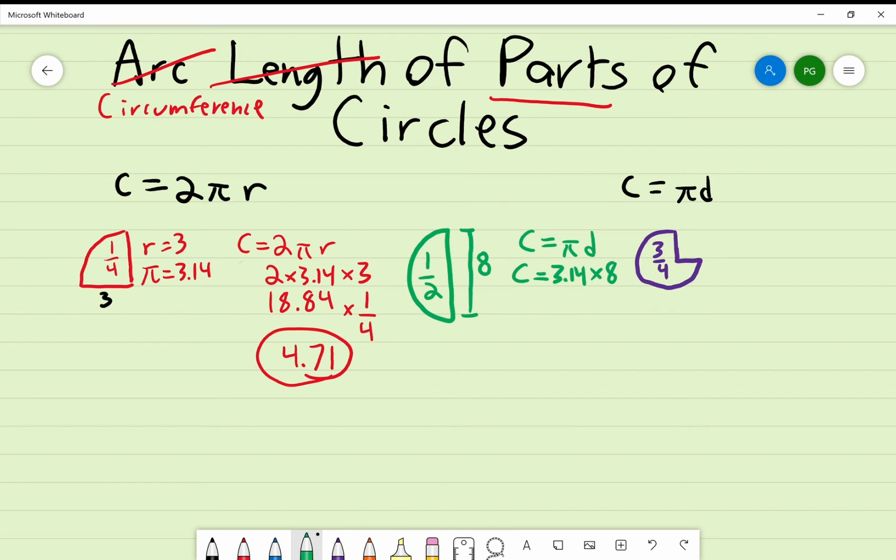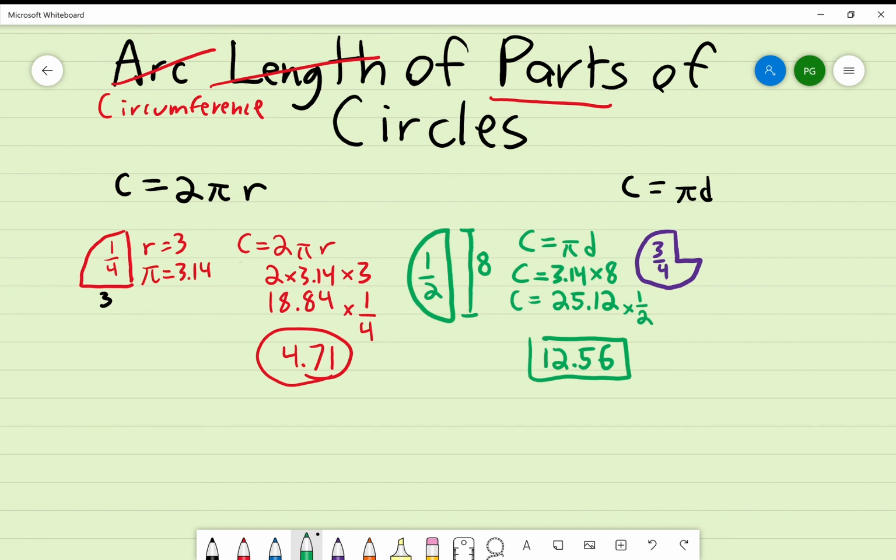Okay, let's try it out. 3.14 times 8 equals 25.12. And obviously, you just found the circumference for the whole circle. You need to remember you only want half of a circle. So you take your 25.12 and multiply that times 1/2. 25.12 times 1/2 equals 12.56. Boom, there's your final answer.